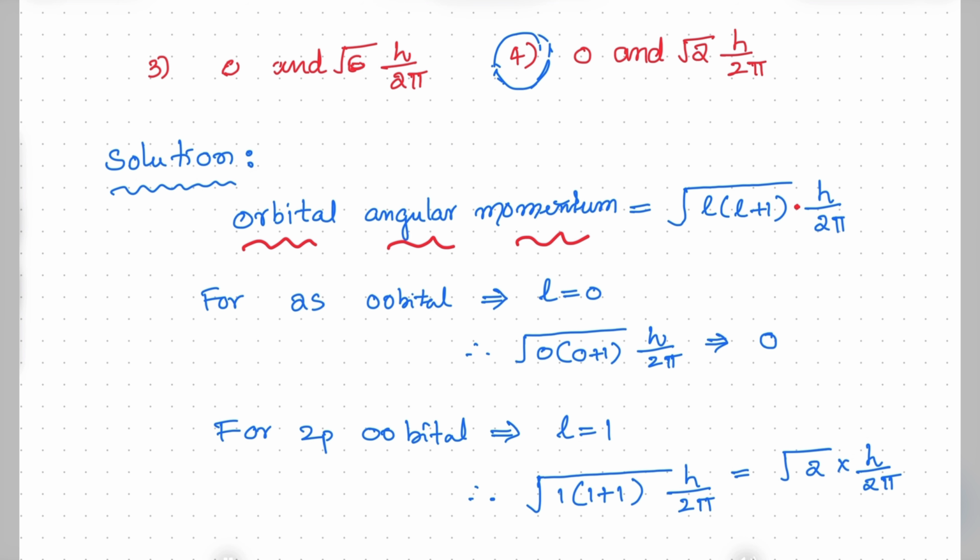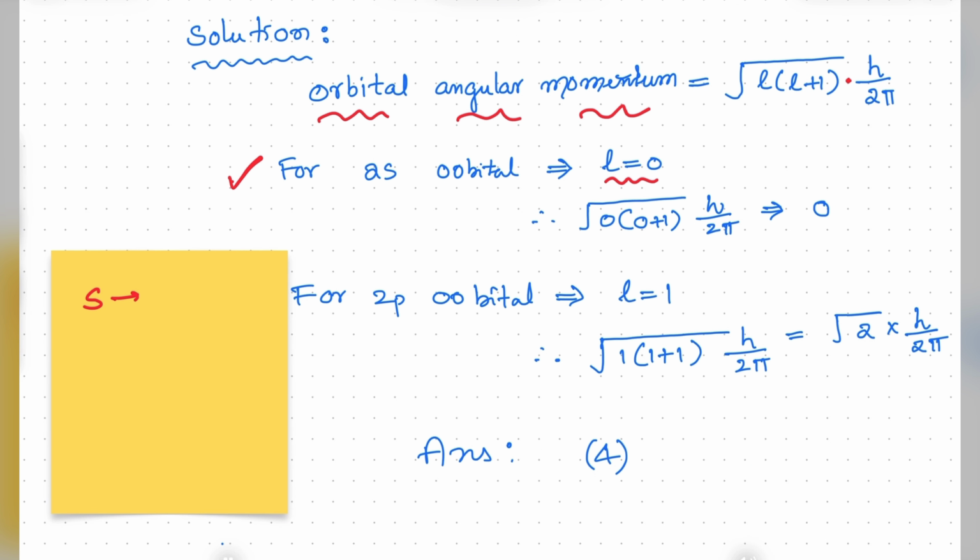Now you can check it out here. For the 2s orbital, L is equal to what? 0. So for the s orbital, L value is 0.